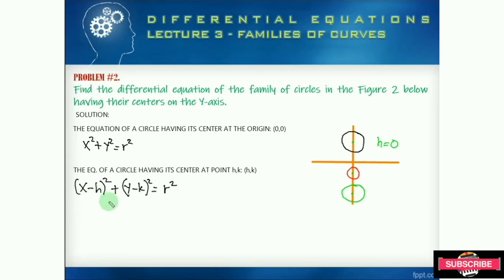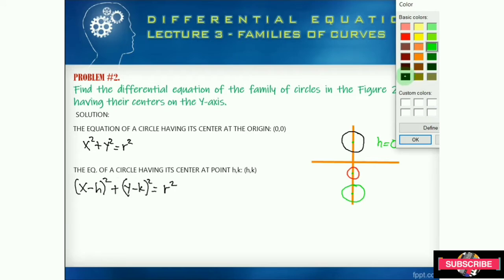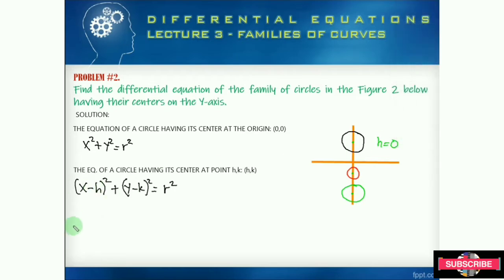Okay, so as our solution for this, we have here (x minus 0) squared plus (y minus k) squared is equal now to r squared.